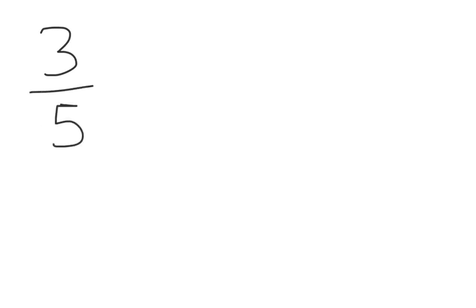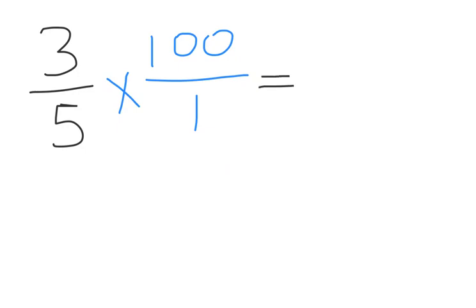So if you have 3/5 and you want to convert it to a percent, you just multiply the fraction by 100/1. Now you have to do some simplification. So 5 divided by 5 is 1, and whatever we do at the bottom, we do on top. So 100 divided by 5 gives us 20.